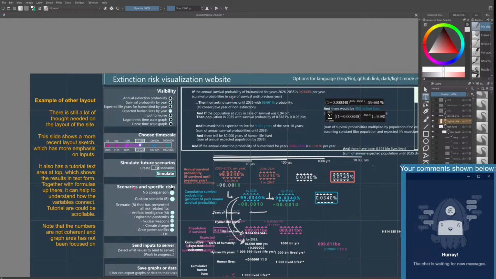So cumulative. How would you call it? Cumulative. Cumulative survived.